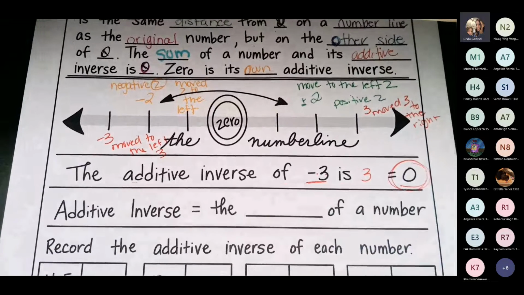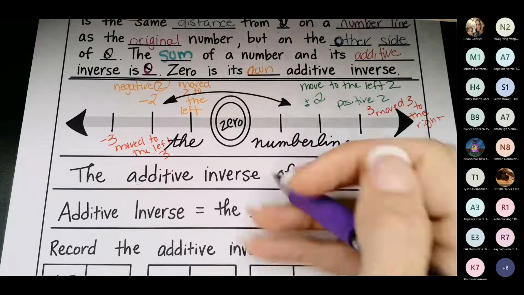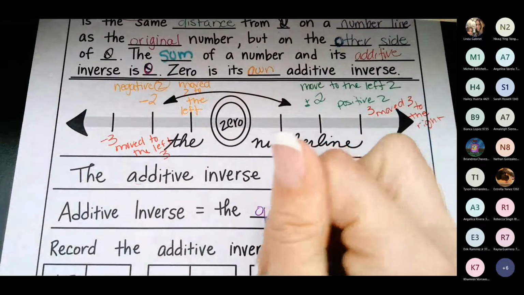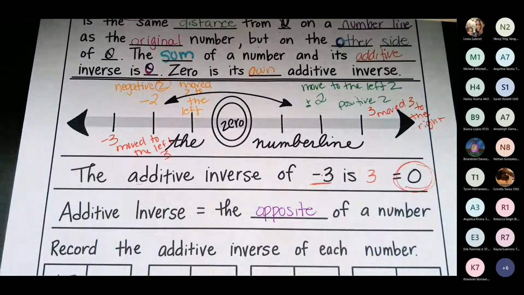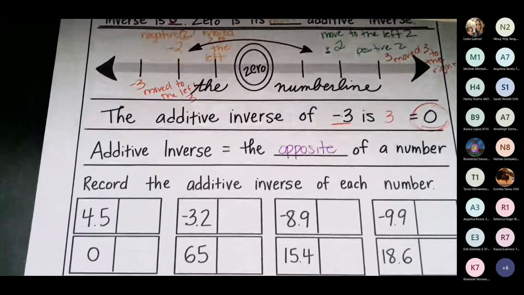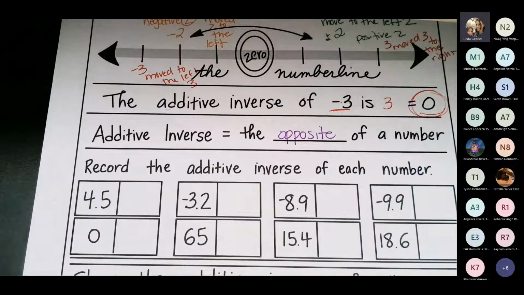Okay, so the additive inverse is the opposite of a number. All right, so I'm going to do the first 2.